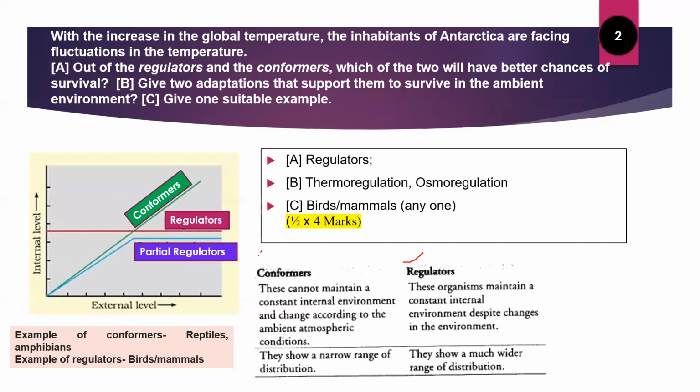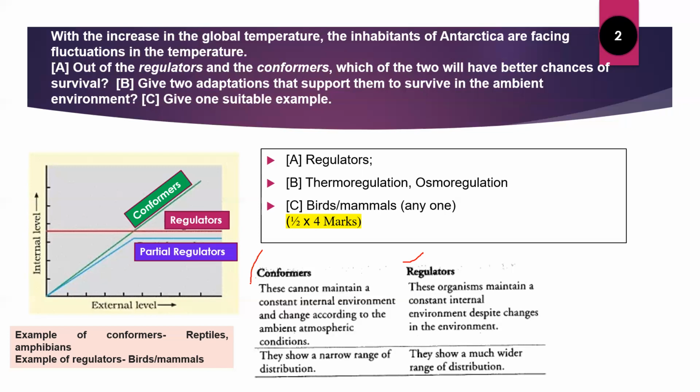So this concept should be clear: regulators and conformers. Once again, I repeat, regulators are able to maintain a constant internal environment despite the changes in the external environment, while conformers fail to maintain a constant internal environment and change according to the ambient conditions.